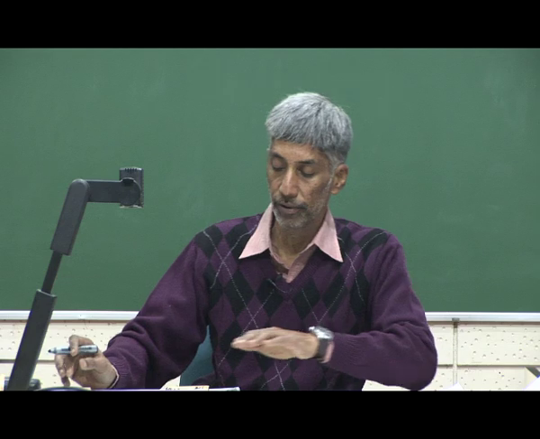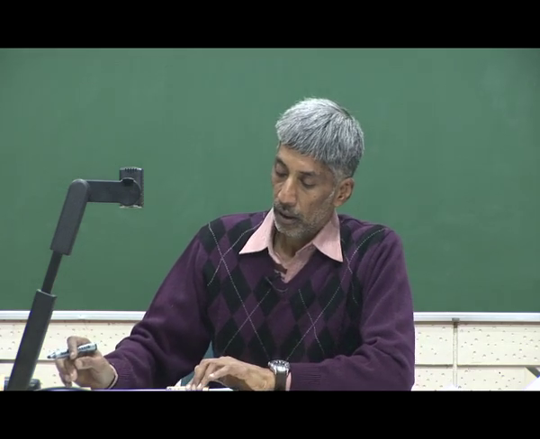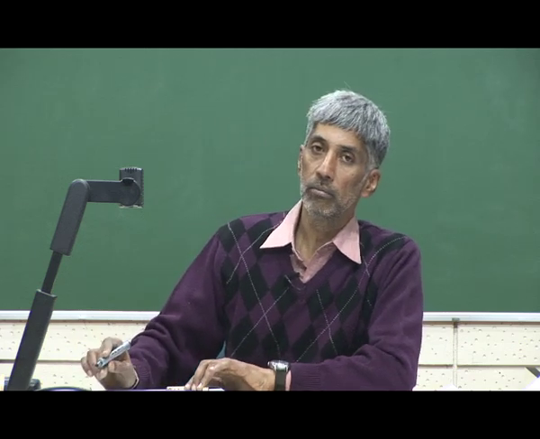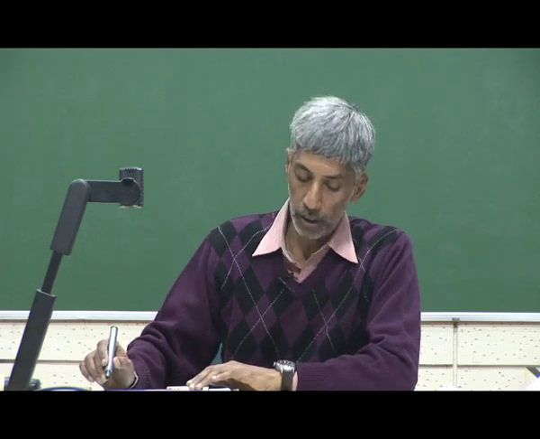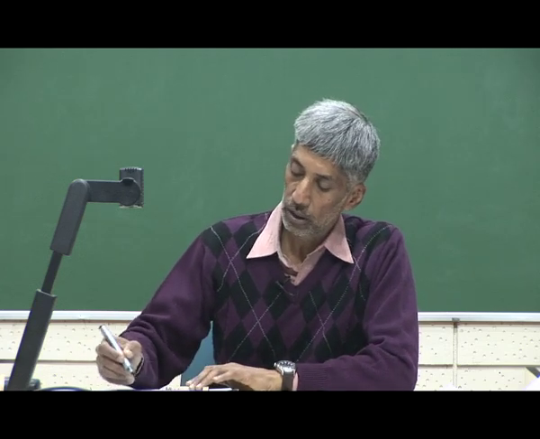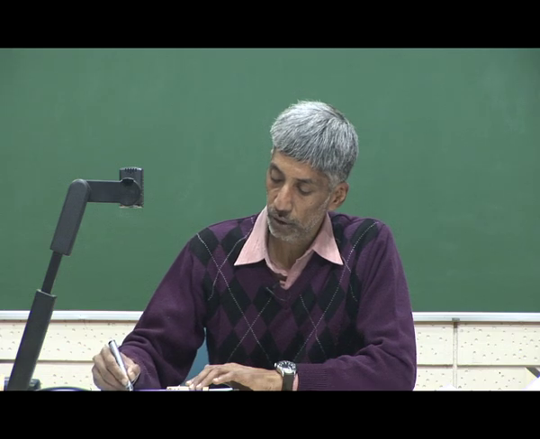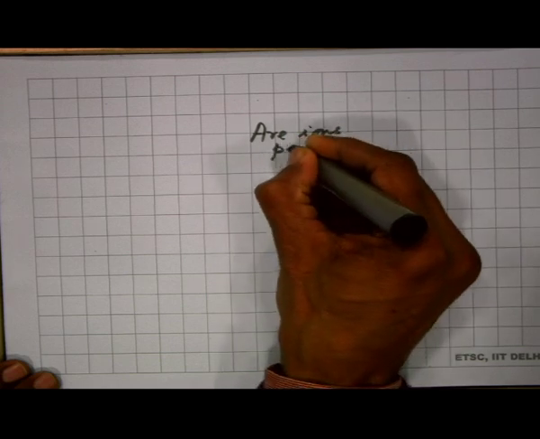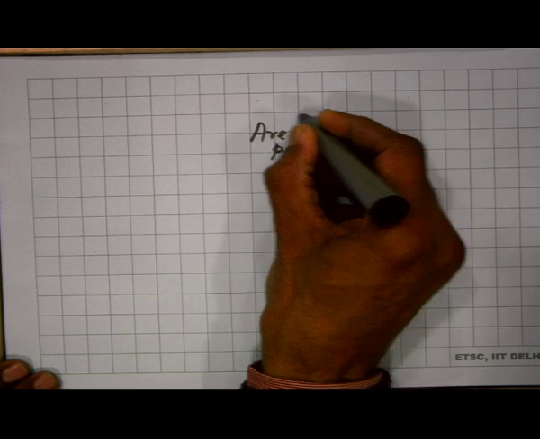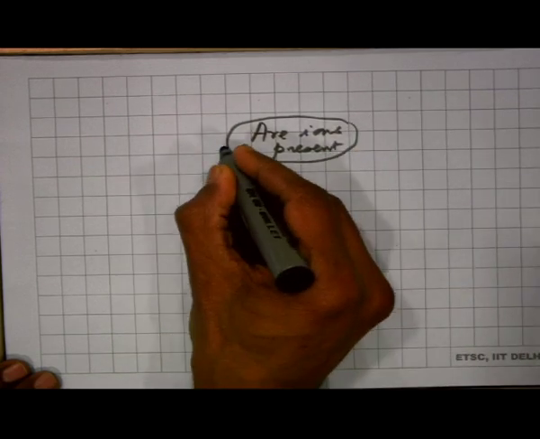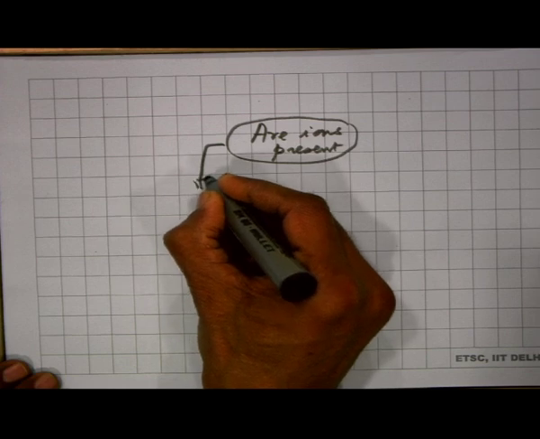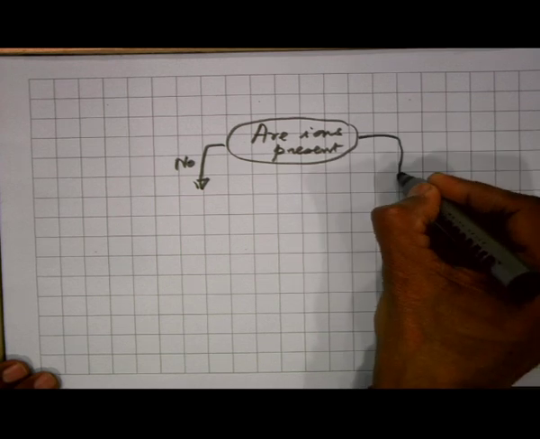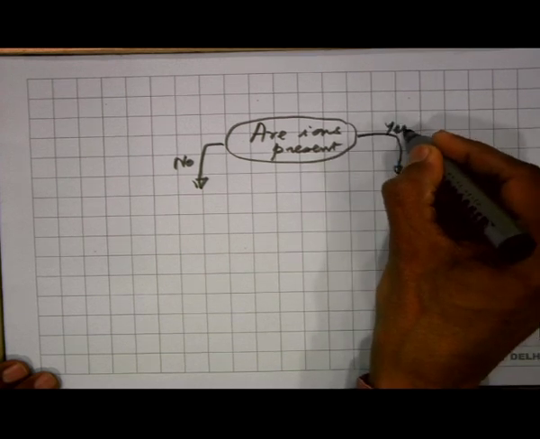So, if you were given a set of molecules, or if you wish to determine what is the intermolecular force that is operative in a molecule, this is how you would go about it. So, the first thing that you ask yourself is, are ions present? And there are two answers you could get to it. One is the no branch and the other is the yes branch.